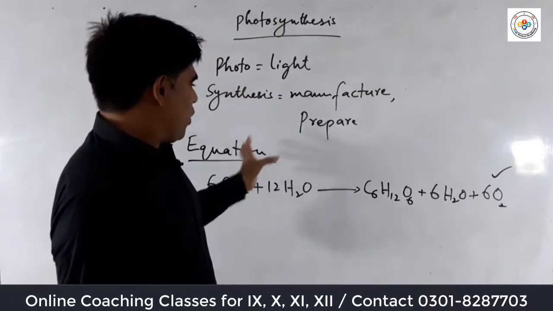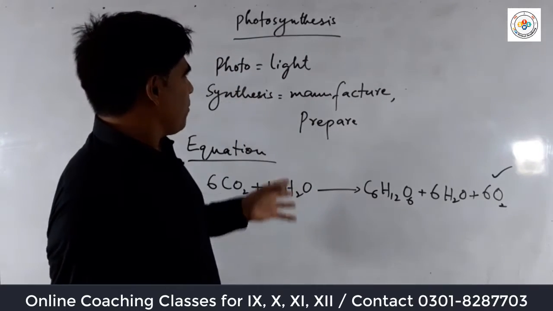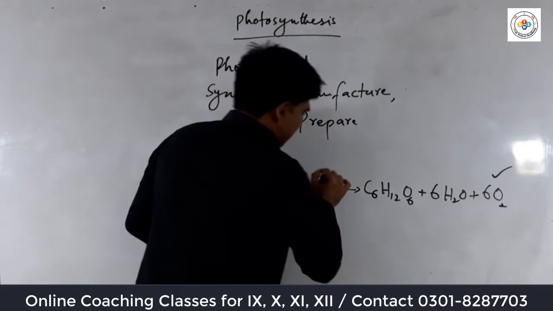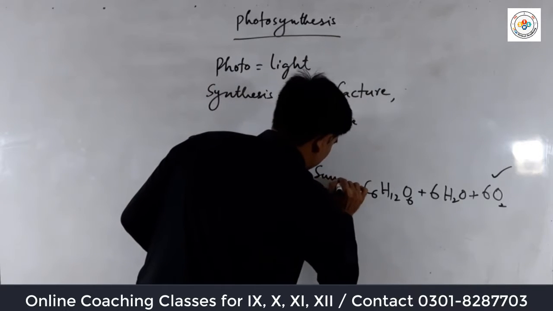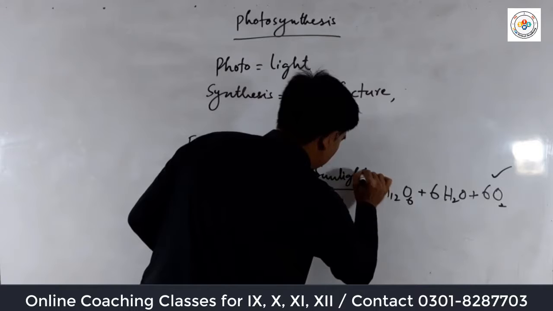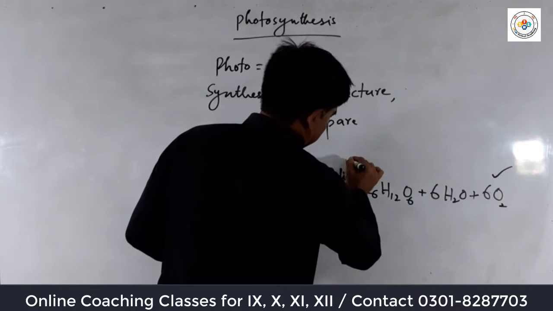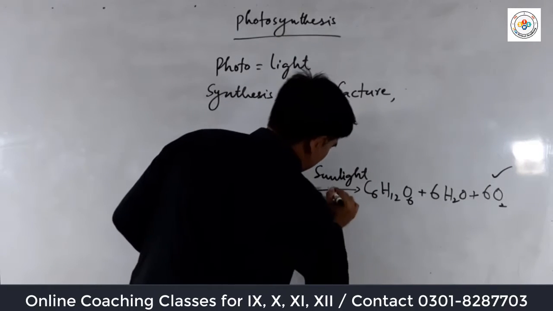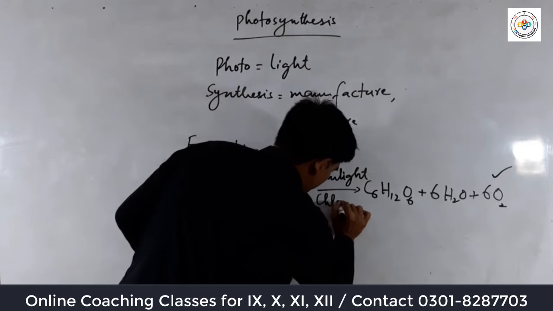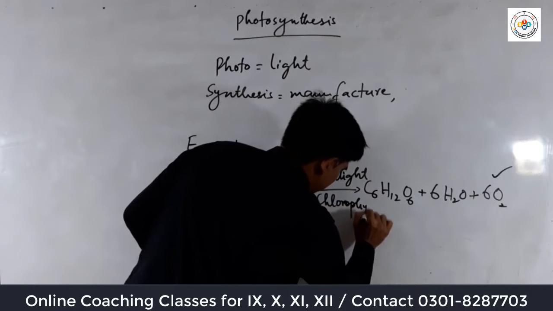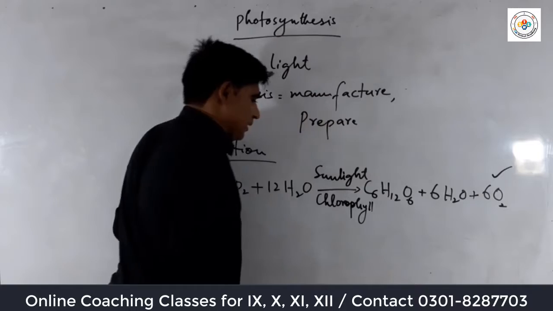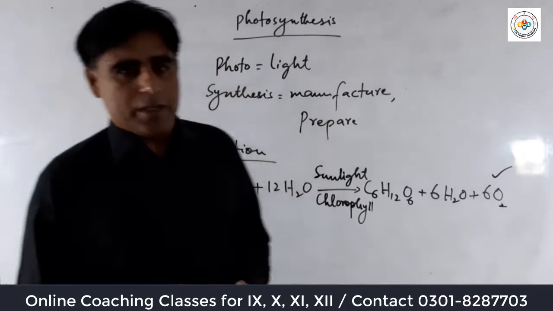Actually, throughout this whole process, sunlight mainly helps to carry on, because it is termed as the driving force, while this whole process occurs in a green pigment which is termed as chlorophyll.